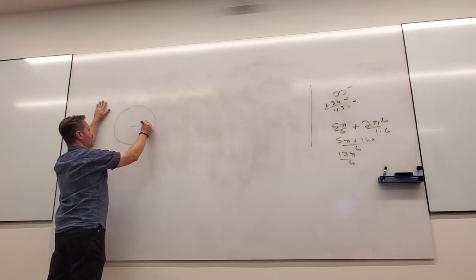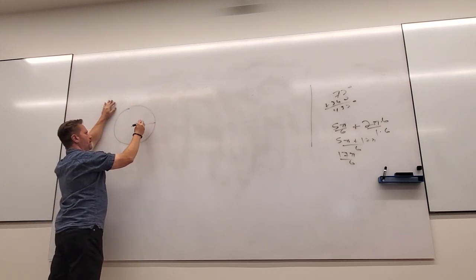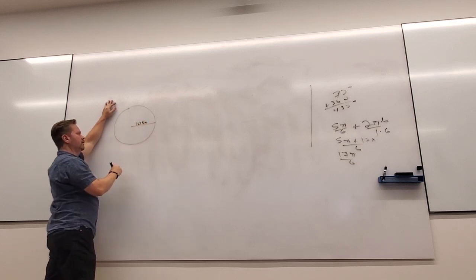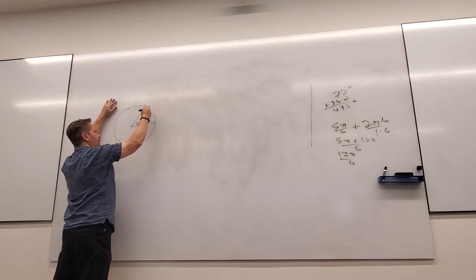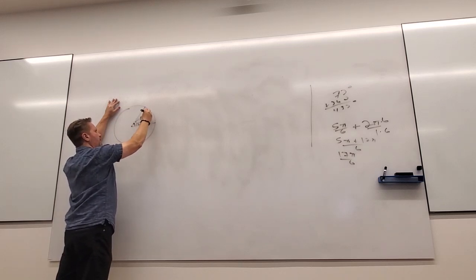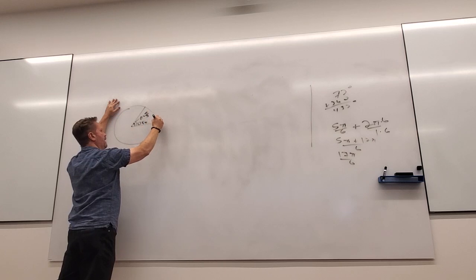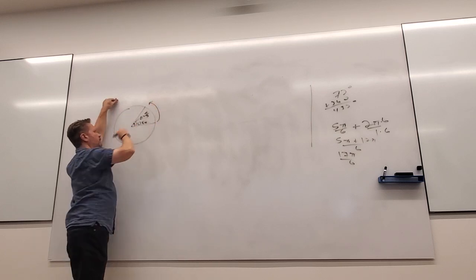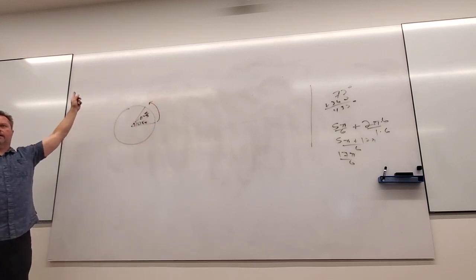Let's say I have a circle, a little circle, and let's say its radius is 10 feet. And let's say that I go through an angle of pi over 3, and I am curious about how long that side is.